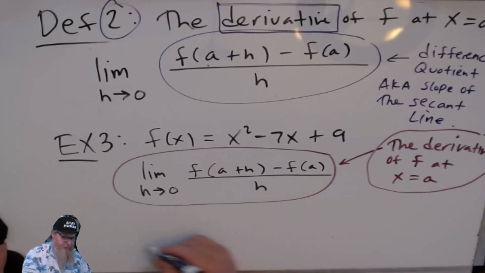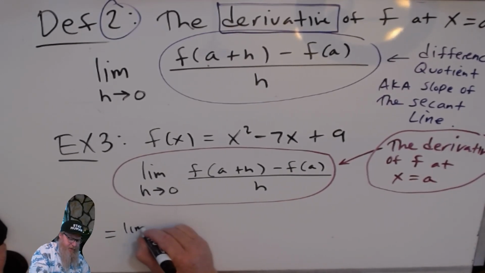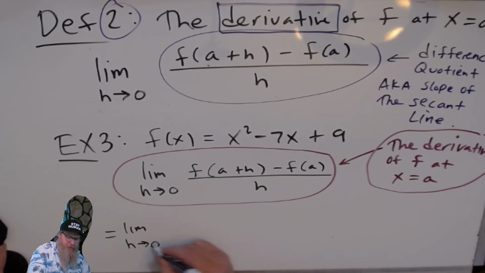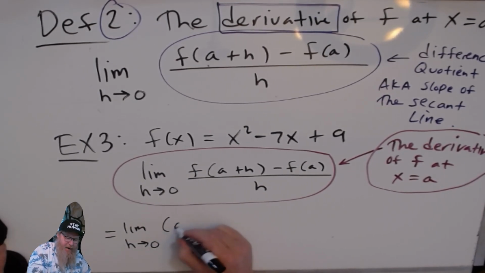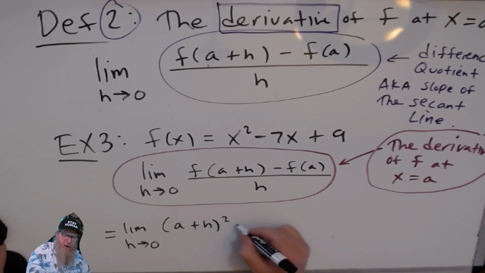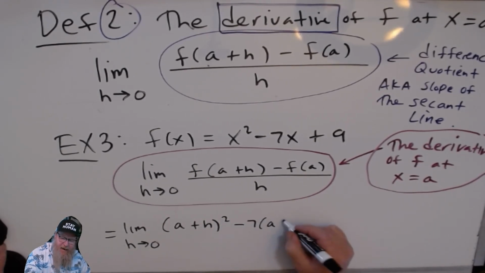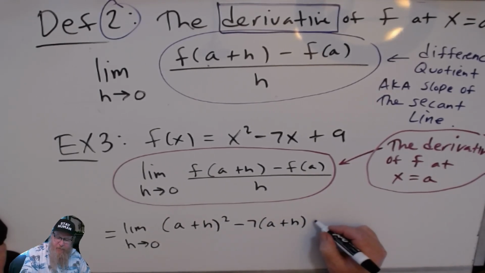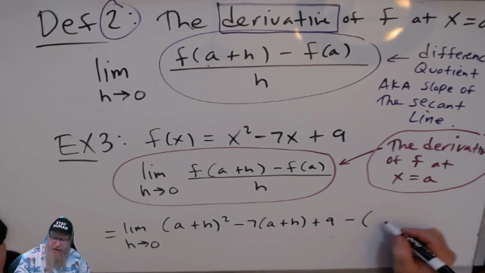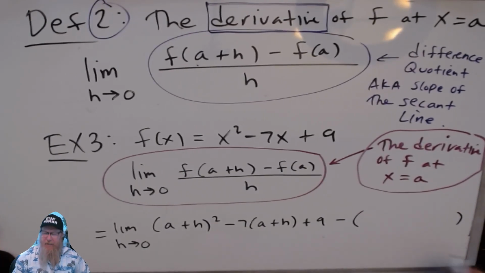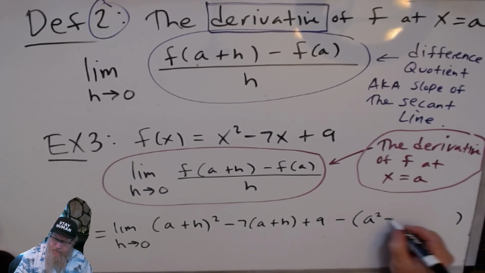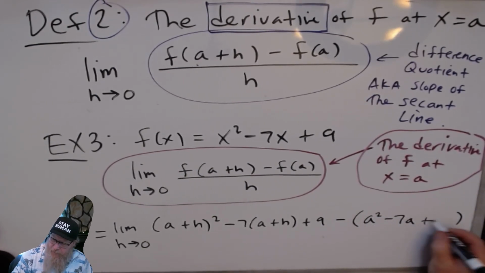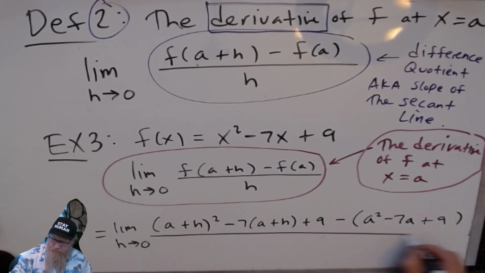Well, let's do it. So this is the limit as h goes to 0 of a plus h squared minus 7 times a plus h plus 9 minus a squared minus 7a plus 9, all over h.